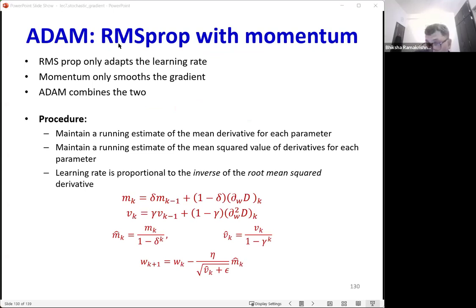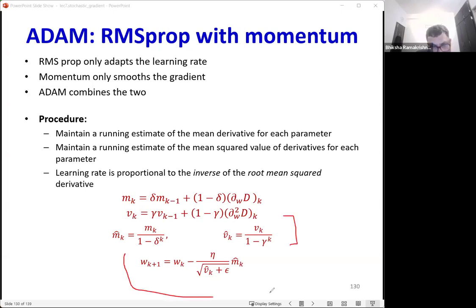Adam is simply RMSProp with momentum. You maintain a running average of the derivative. You also maintain a running average of the squared derivative. Let's skip this for the moment.